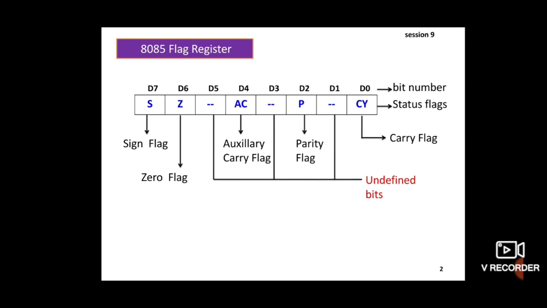Students, always remember the position of these flags. At the zeroth place is always the carry flag, at the second place always the parity flag, at the fourth place always the auxiliary carry flag, and at the sixth and seventh places the zero and sign flag status are there, and 1, 3, 5 are undefined bits.